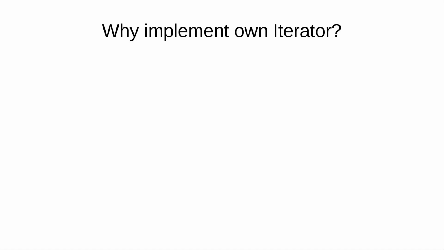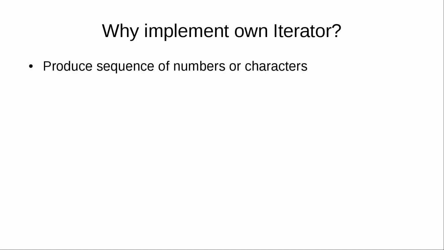I came up with some examples where iterators can be used. For example, you can implement an iterator that generates some sequence of numbers or characters, like, let's say, Fibonacci numbers or prime numbers. Of course, there are already some solutions for this, but it's just an example.